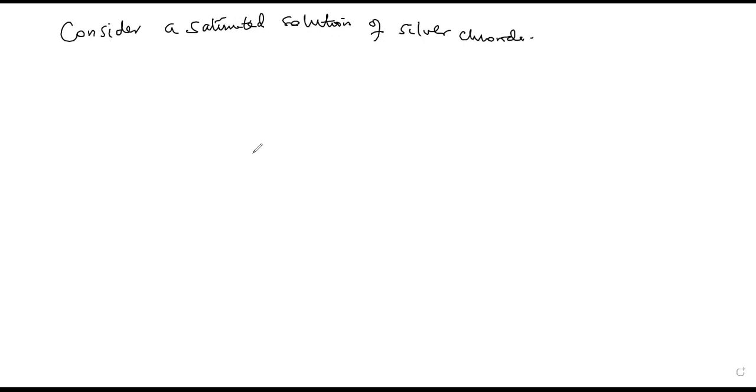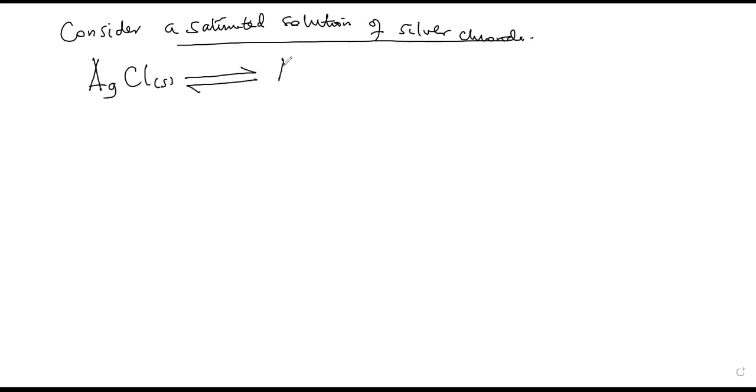I want us to consider a saturated solution of silver chloride. If we consider a saturated solution of silver chloride, an equilibrium is going to be established between silver chloride and its ions, silver ion and chloride ion.